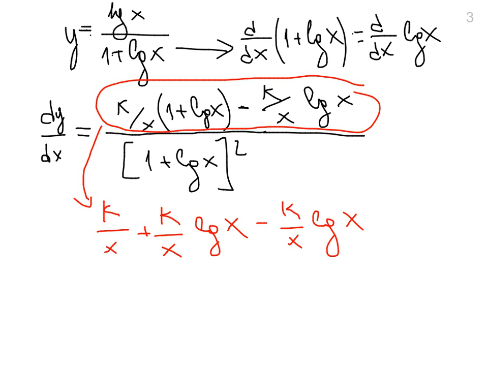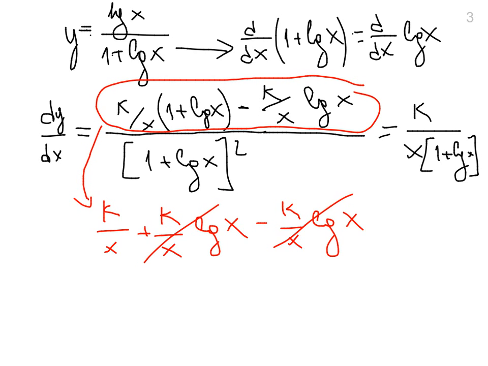And you can see this goes away. So we can rewrite this as k over x, divided by the denominator (1 plus log x) squared. And this is the final result. I hope it's clearer now, and good luck with your studies.